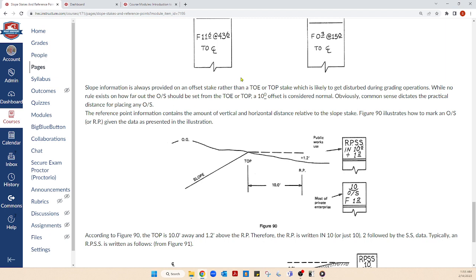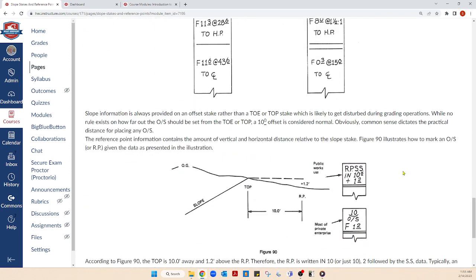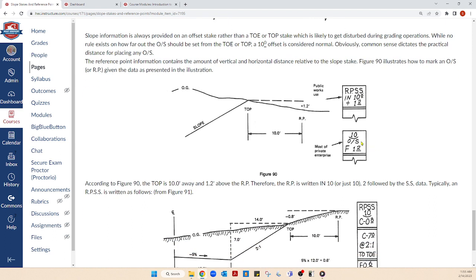Let's read this right quick, because we're getting into the real deal here. These were just samples of how to find these points. We're going to do the same thing, but we're going to add a little dimension to it.